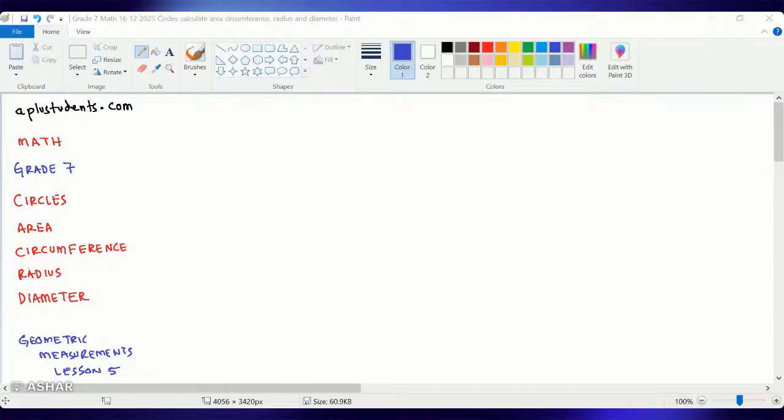Okay. We know that a circle is a shape which does not have any edges.